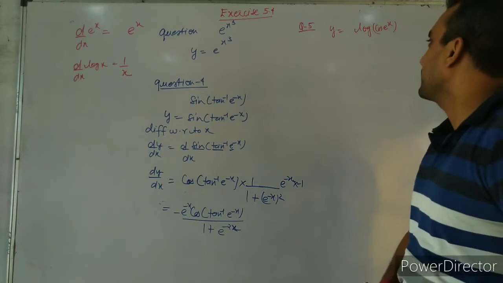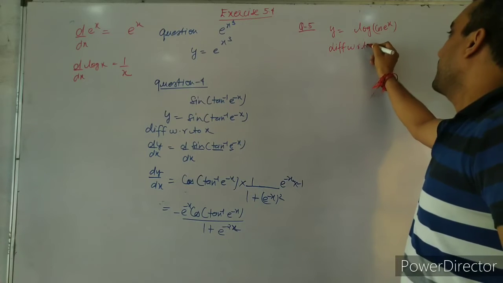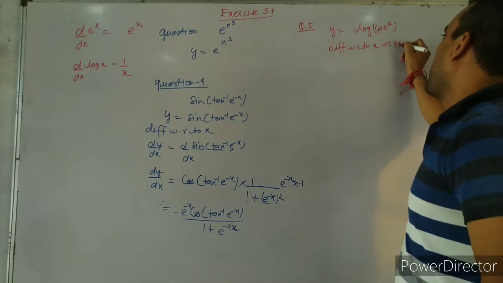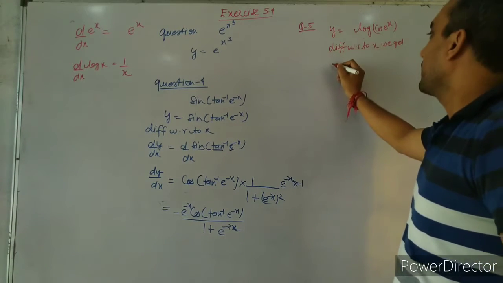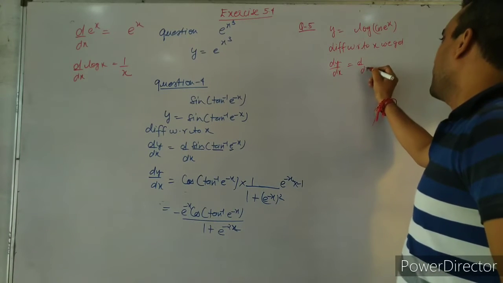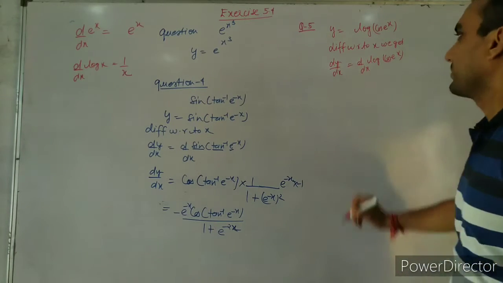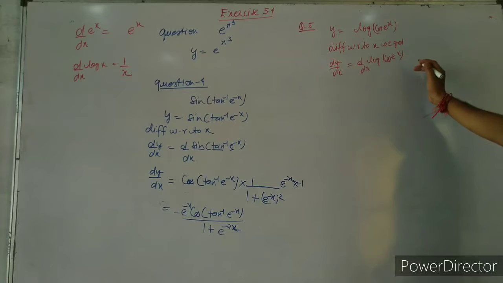Now differentiating with respect to x, we get dy upon dx, and the differential of log cos e to the power x. I am differentiating both sides.